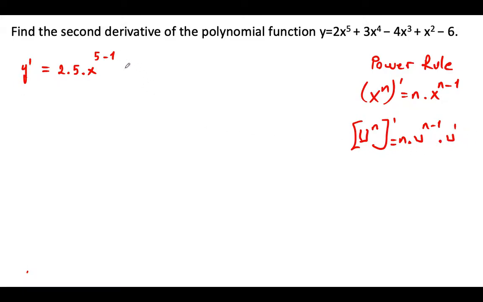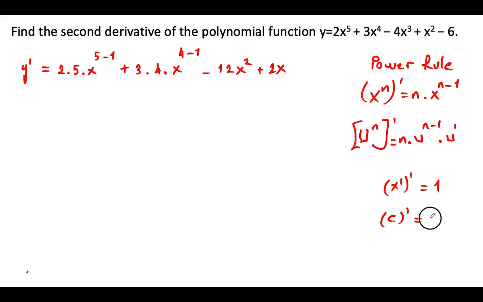So plus 3 times 4 times x to the power of 4 minus 1. Since the derivative of x is 1, I am not writing it here. And then directly, it will be 12x squared, and then plus 2x, and the derivative of a constant number is 0, like the derivative of 6 is 0.